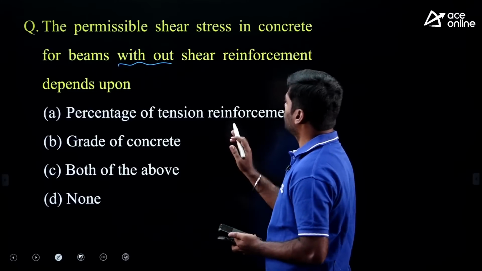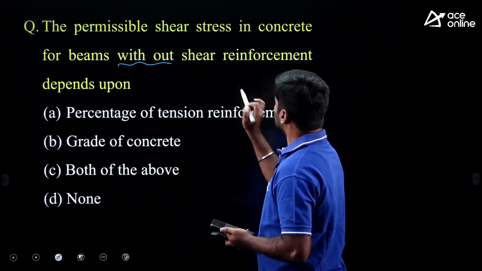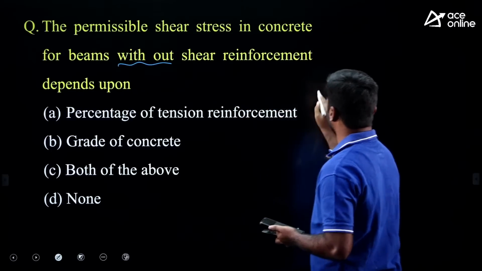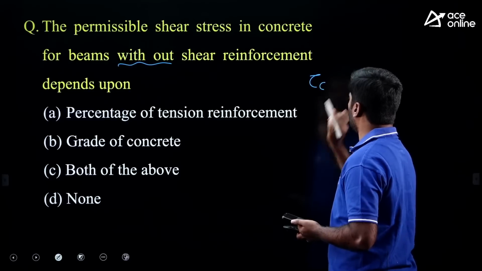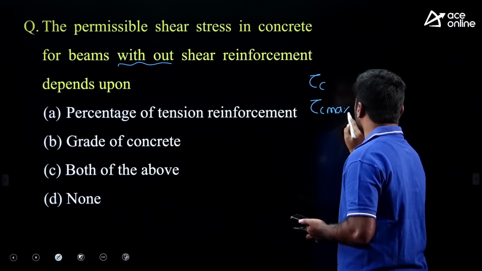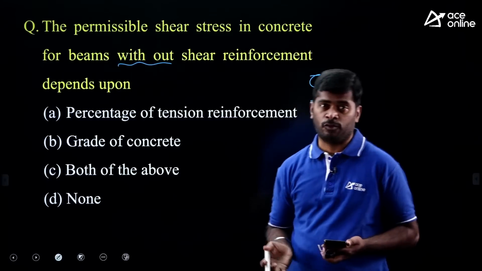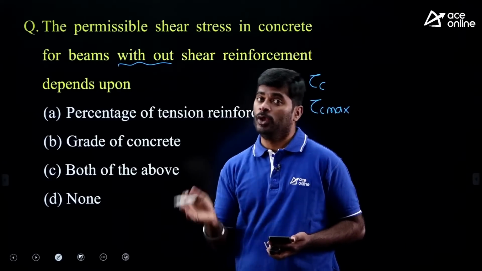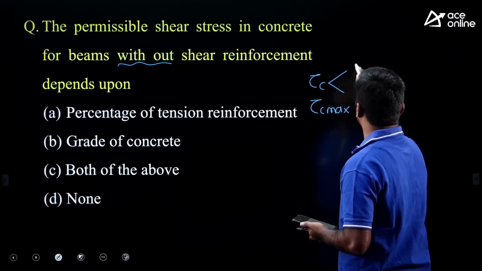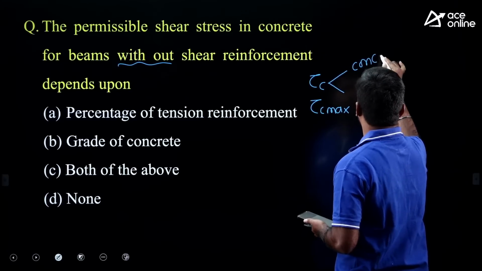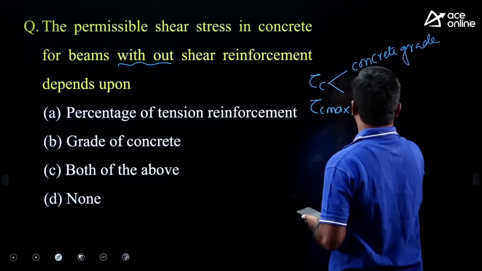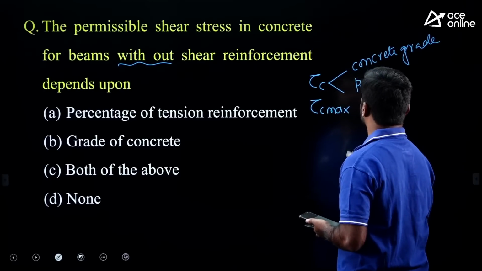Here, my dear, you have to observe what is the shear stress in concrete without shear reinforcement. We have 2 permissible limits. One is tau C, another one is tau C max. Tau C max is measured with shear reinforcement. Tau C is measured without shear reinforcement. So, it depends upon 2 things: one is concrete grade and percentage of longitudinal tension steel.